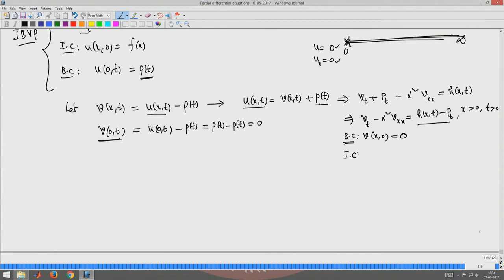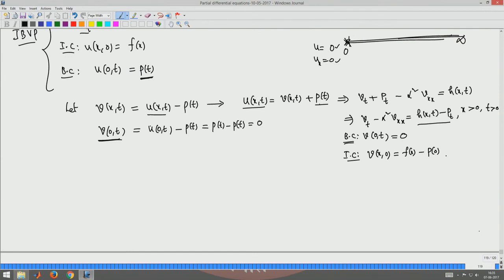What happens to the initial condition? Initial condition u at x 0 is f x. So, v at x 0 is nothing but u at x 0, that is f x minus p at 0, that is simply a constant.